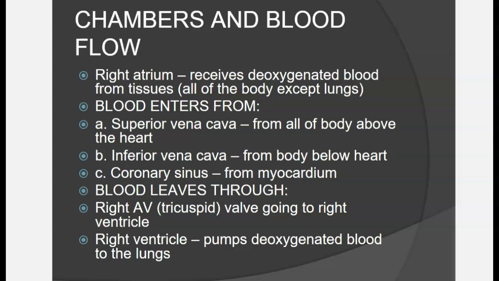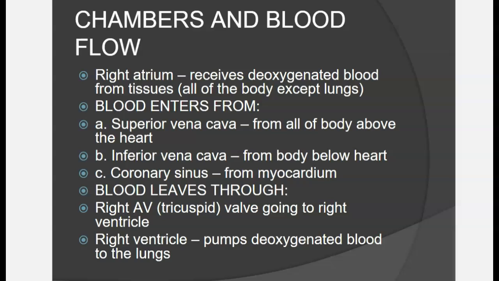So like I told you a while ago, the right atrium receives the deoxygenated blood from the superior vena cava and the inferior vena cava and the coronary sinus. That's the 3 ways that it gets into the right atrium. It'll then pass through a valve, the right atrioventricular valve, the right AV valve. From there, it passes into the right ventricle.